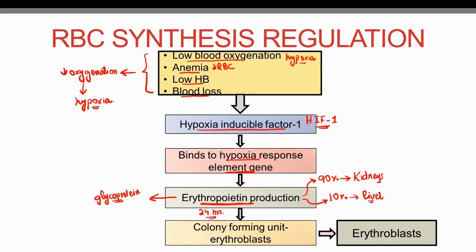The erythropoietin acts on colony-forming unit erythroblasts and upregulates the differentiation of colony-forming unit erythroblasts into proerythroblasts, which further mature into red blood cells. The erythropoietin not only upregulates the differentiation of colony-forming unit erythroblasts into proerythroblasts, but it also speeds up the process of red blood cell maturation.